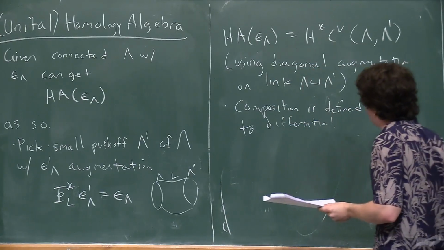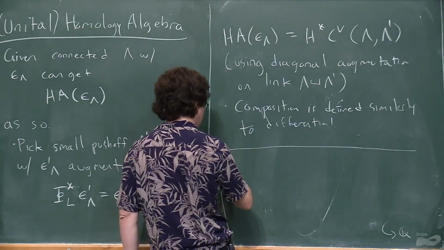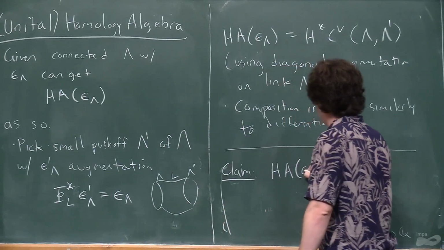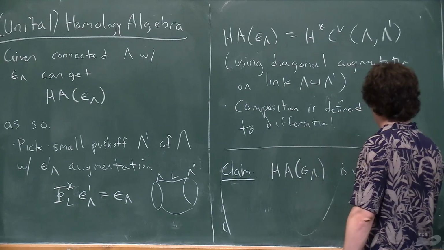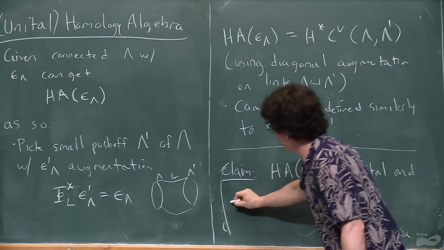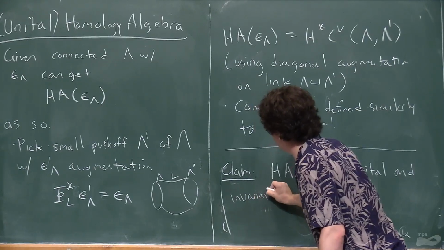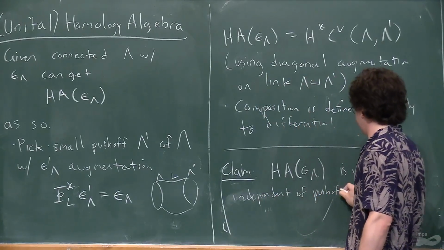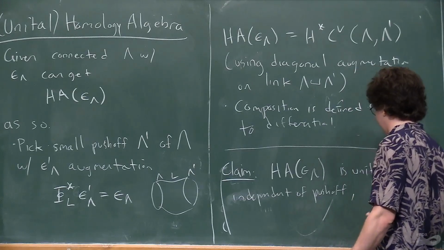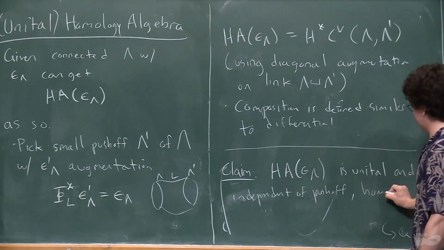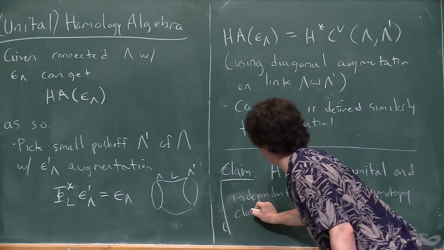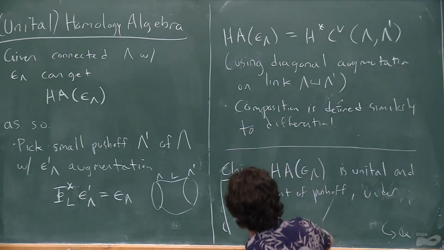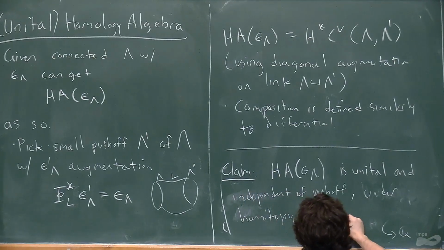So an important claim here, the crucial thing, is that this algebra HA is unital and invariant, independent of this push-off, and also up to a non-canonical isomorphism, invariant under homotopy of augmentation.